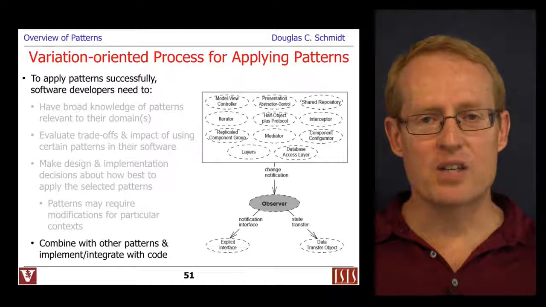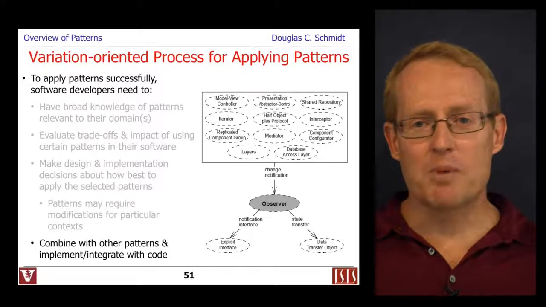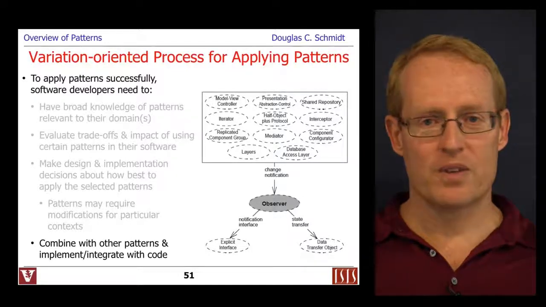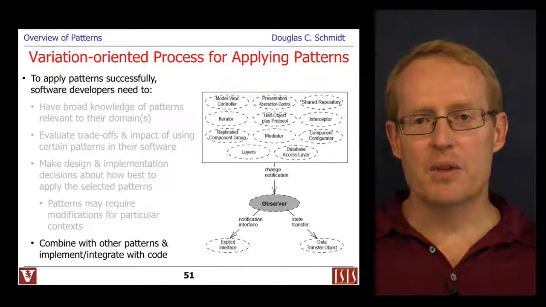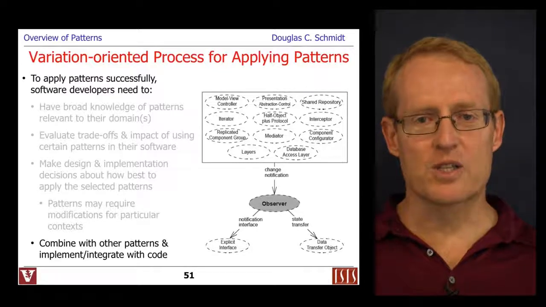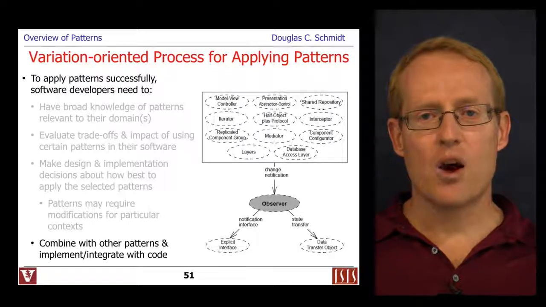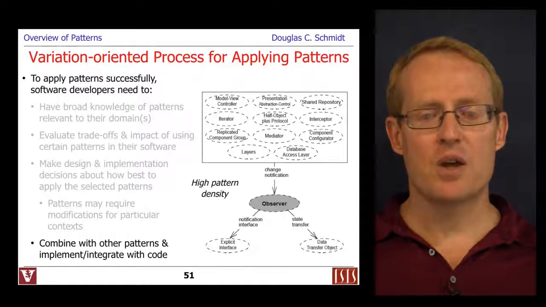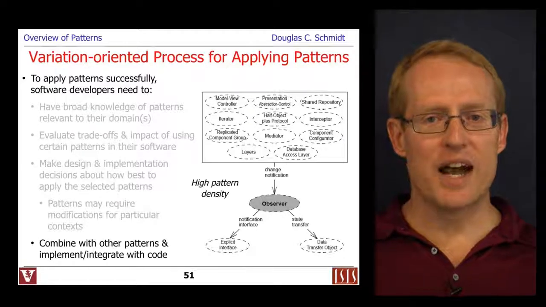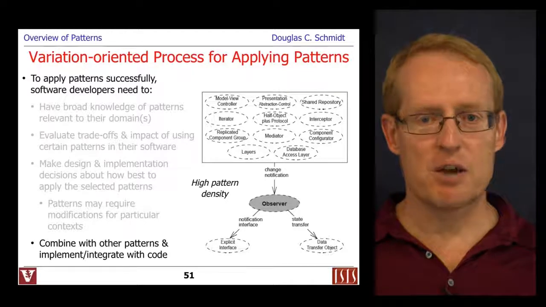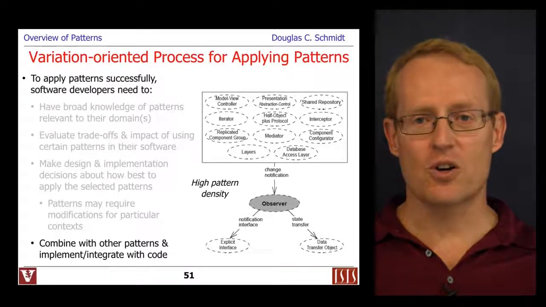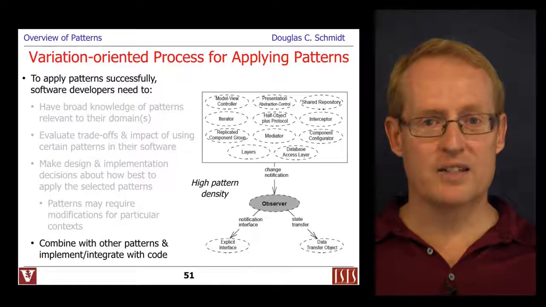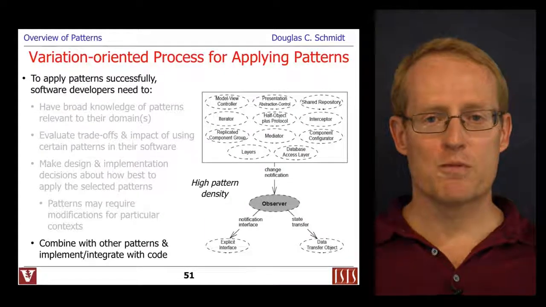But the idea here is that you have to combine the patterns. And it's been my experience building software in a pattern-oriented way for decades now that some of the best approaches and solutions I've seen, or the ones I've come up with, are ones that exhibit what's known as high pattern density, where almost all the design and implementation choices, especially the ones that affect the architecture, are guided and justified and motivated and documented in terms of patterns.